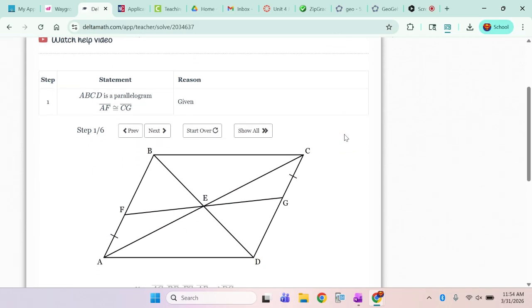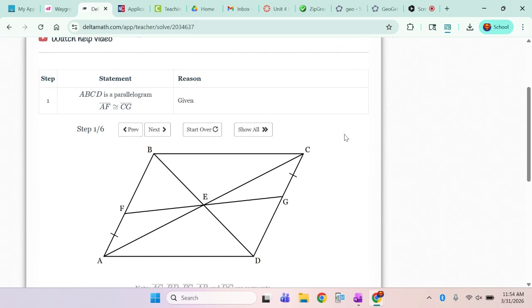So guys, listen. You have to know these properties. I don't want to hear any lips moving. The two triangles are congruent by angle, angle, side, but you've got to know these properties.